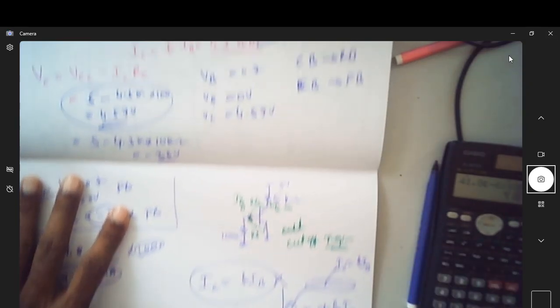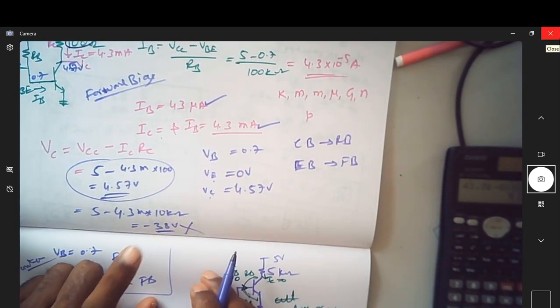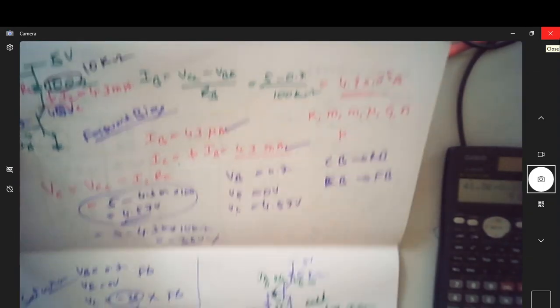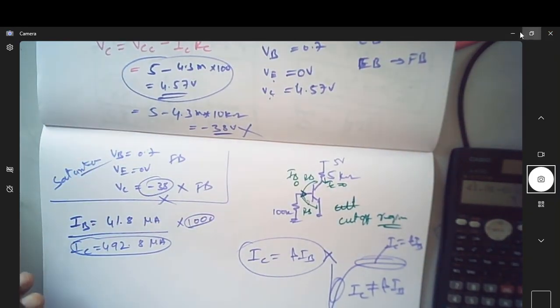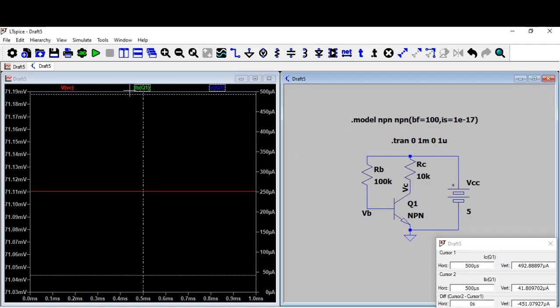So whatever you got, minus 38 volt, is not correct. Actually, how much is the voltage that you are getting at this collector point? This is VC.